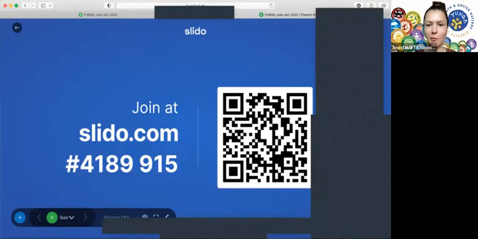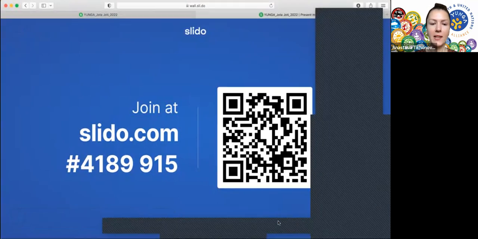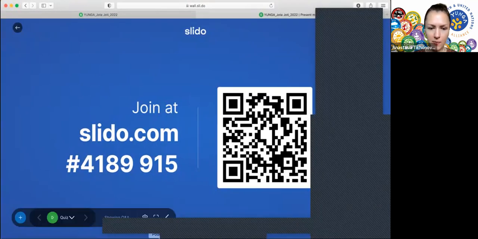Let's start. Let me share my screen so you can see here the barcode which you can use to join the session, or simply you can type slido.com in your browser or on your phone and enter this code that you see.